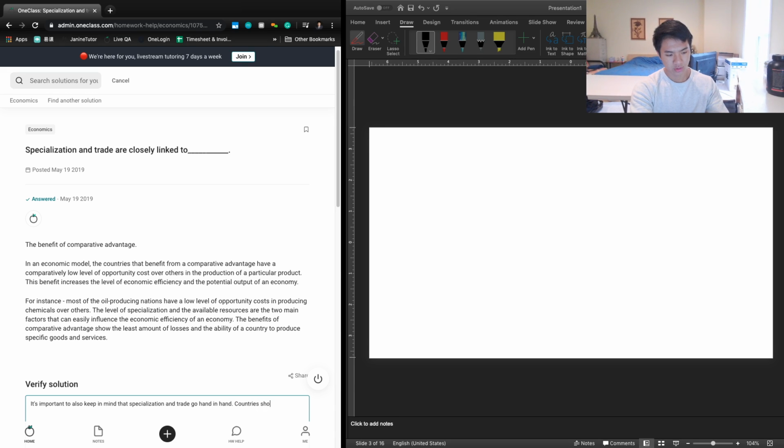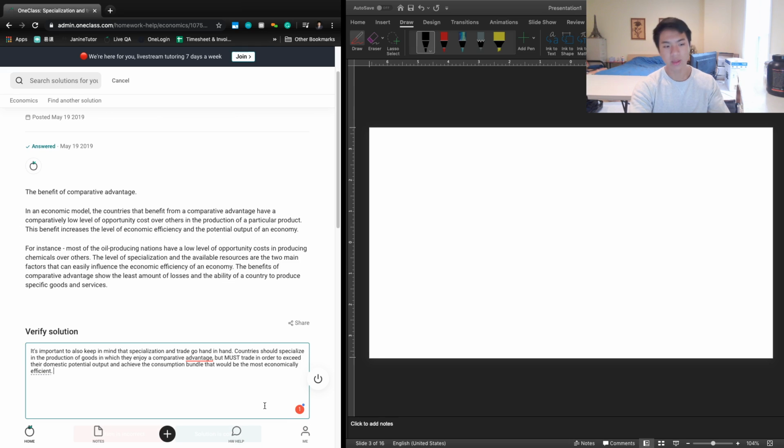Countries should specialize in the production of goods in which they enjoy a comparative advantage, but must trade in order to exceed their domestic potential output and achieve the consumption bundle that would be the most economically efficient.